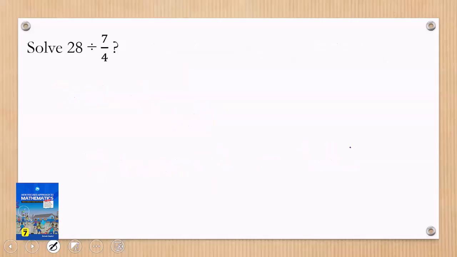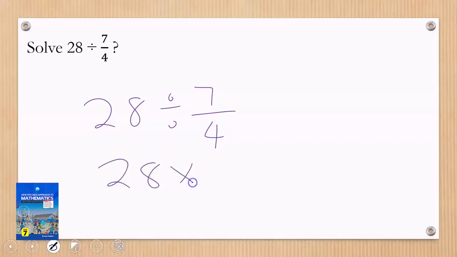Good. Now, finally, let's say we have 28 divided by 7/4. Okay, so 7/4, again, we do 28 times, reciprocating 7/4 to become 4/7.